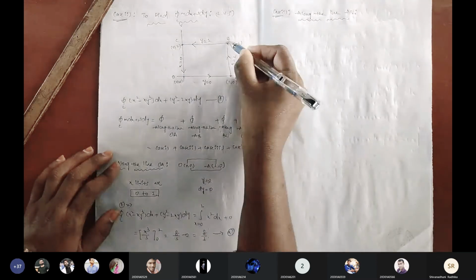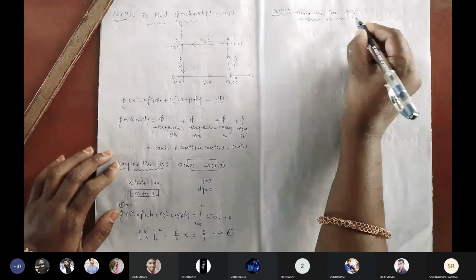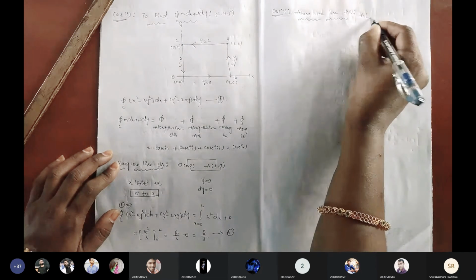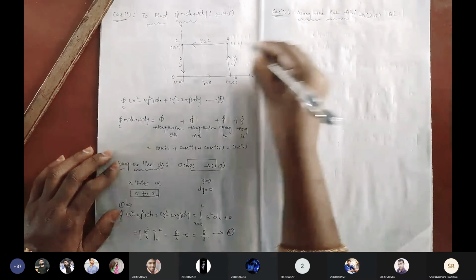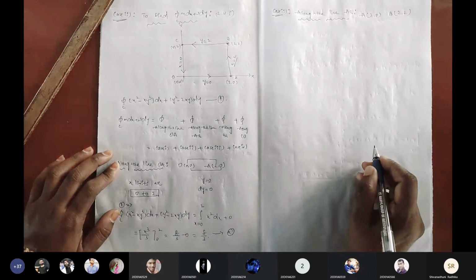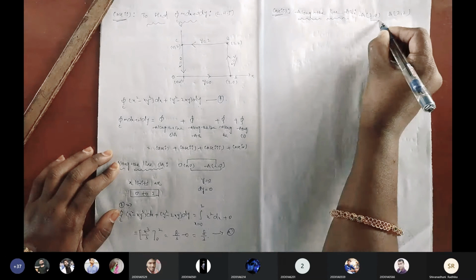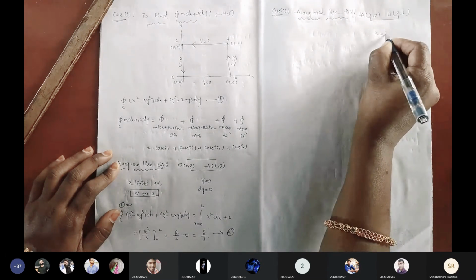Along the AB line, we have x equals 2. But first, take the points. A is the point 2, 0, capital B is the point 2, 2. Which variable has equal limits? X equals 2 and x equals 2. We should take differentiating this one.